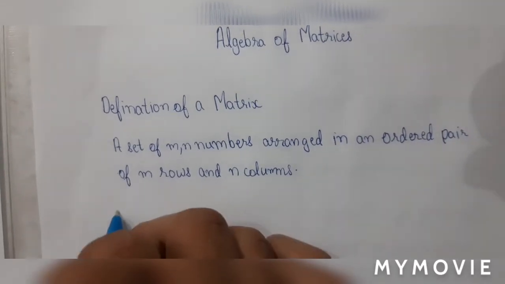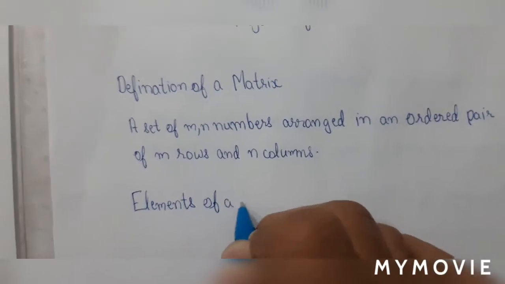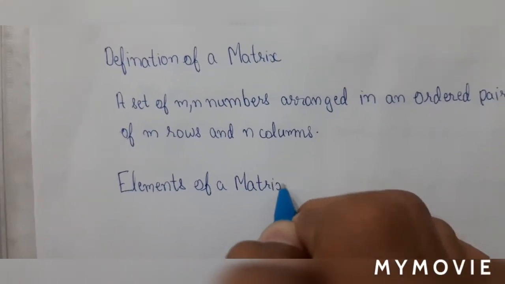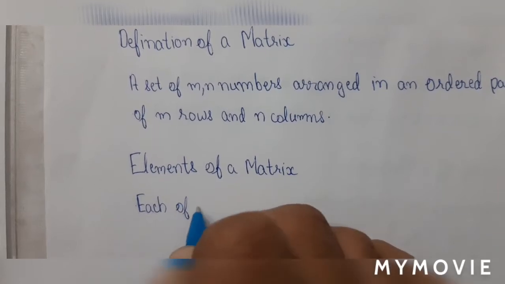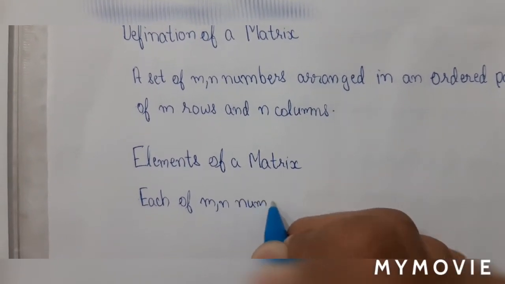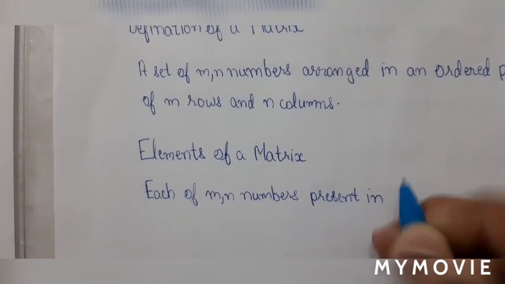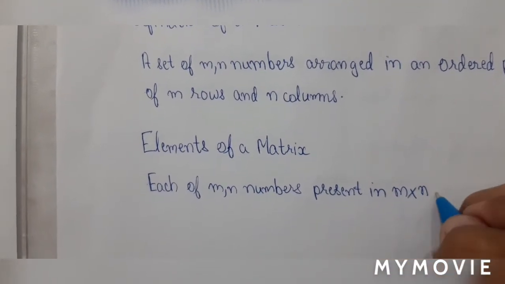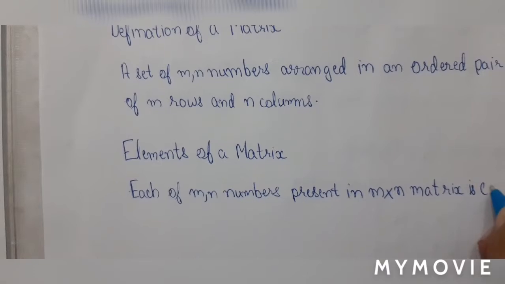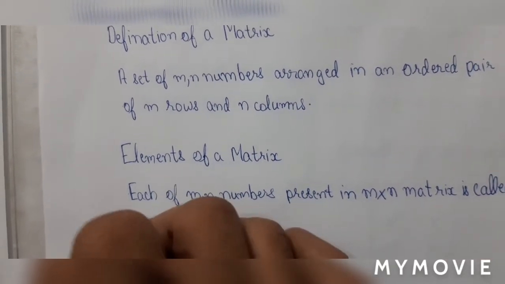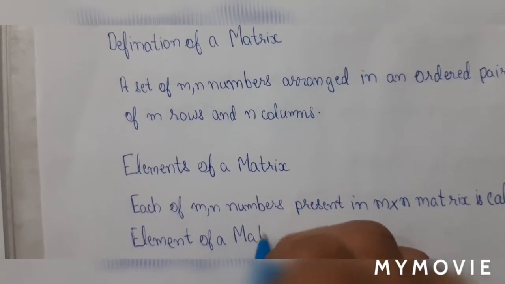So next comes the elements of a matrix. So the elements of a matrix are each of the m comma n numbers present in an m cross n matrix, and each is called an element of a matrix.